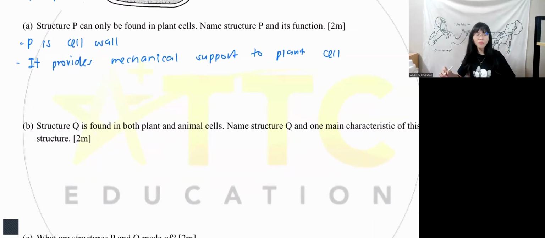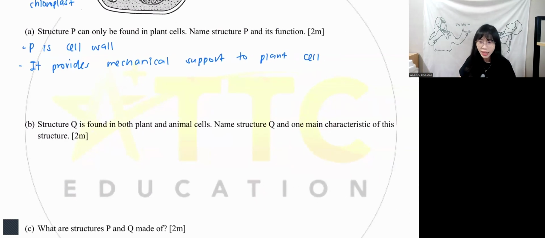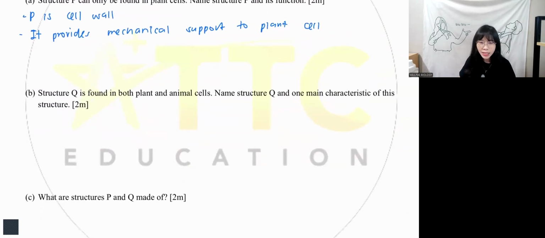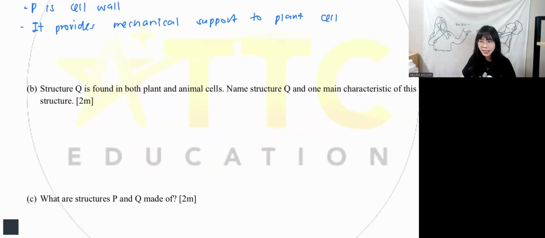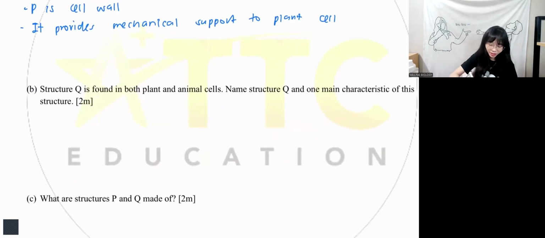Q is found in both plant cell and animal cell. Name Q and the main characteristic of this structure. Q is plasma membrane. Okay, they are selectively permeable. Very good. Q is plasma membrane.